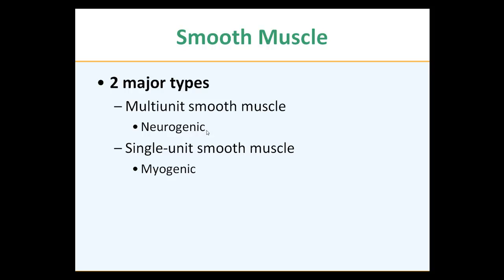whereas the single unit, the signal, the contraction is initiated by the muscles themselves, and there are many ways to initiate that, but it's intrinsic and it's not exactly under the same control we see with the neurogenic, although we know, of course, that the autonomic nervous system can also play a role in accelerating or decelerating the motion of your smooth muscle fibers, even in a single unit such as your stomach or the intestine.